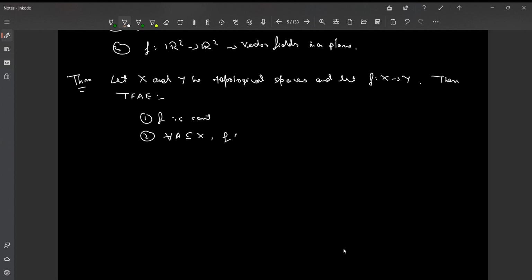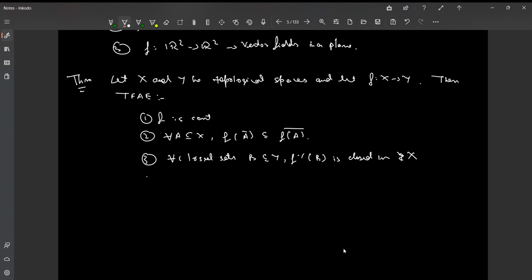Statement two: for all subsets A of X, the image of the closure of A is contained in the closure of the image of A. Number three: for all closed sets B in Y, f inverse of B is closed in X.